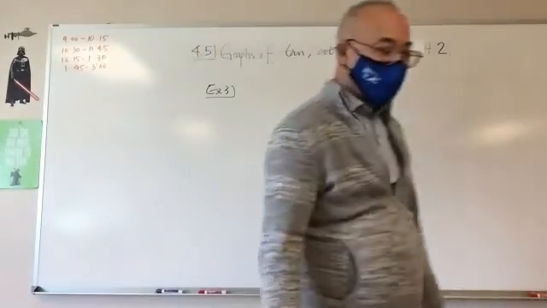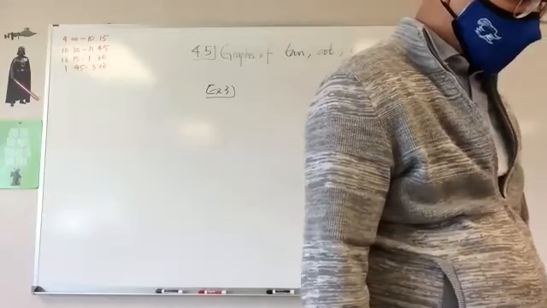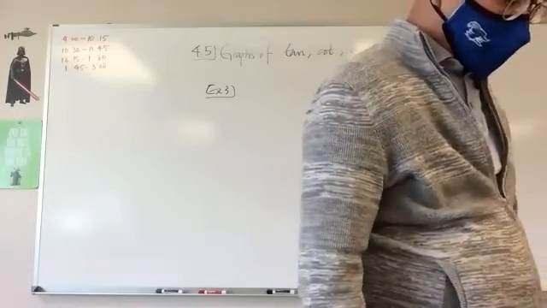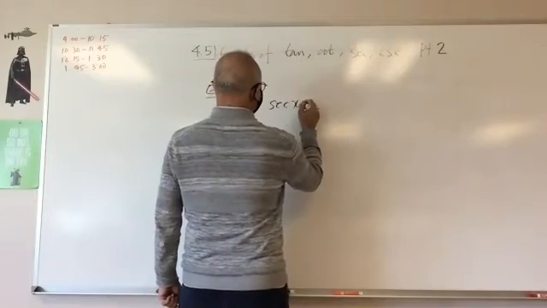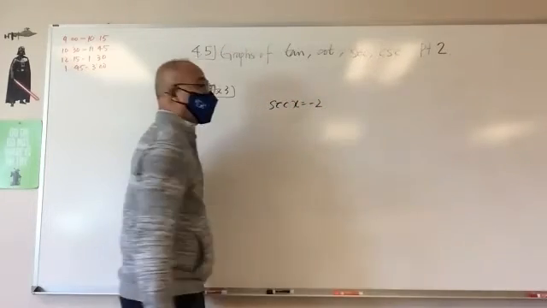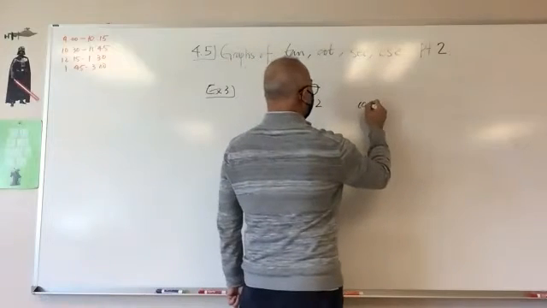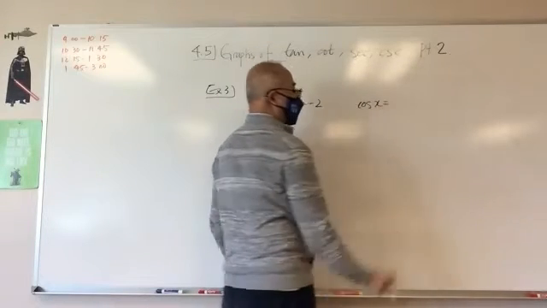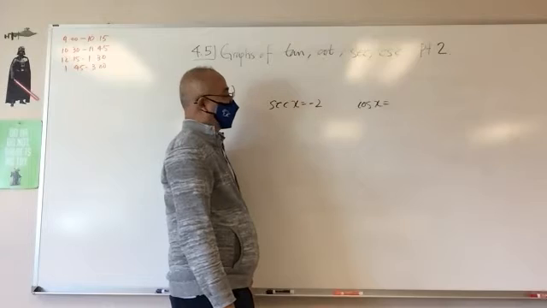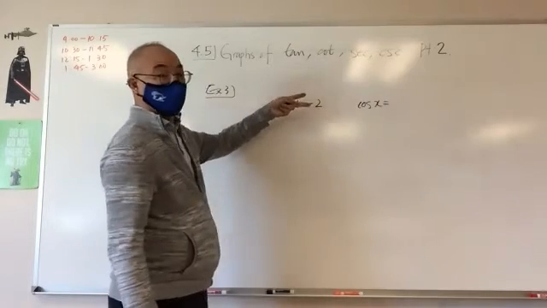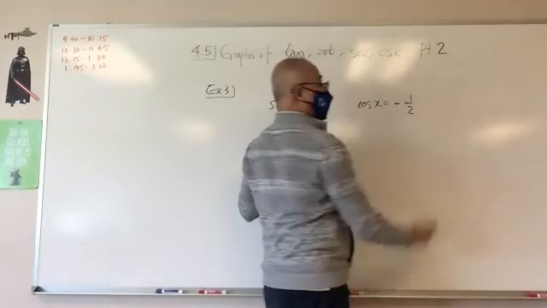Example number 3 says, find the value of x between pi and 3 pi over 2 that solves that. So I'm trying to solve secant x is equal to -2. Okay, which means that cosine x is equal to -1/2, right?